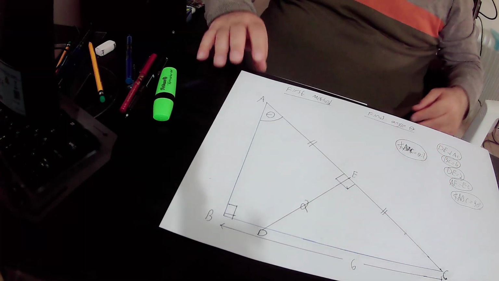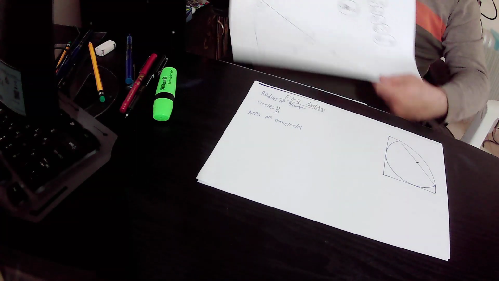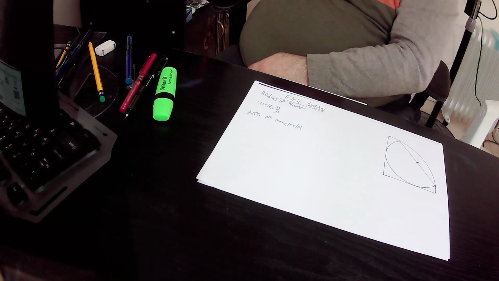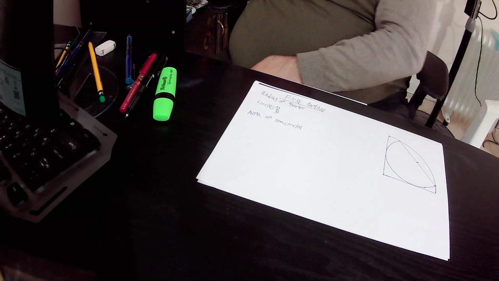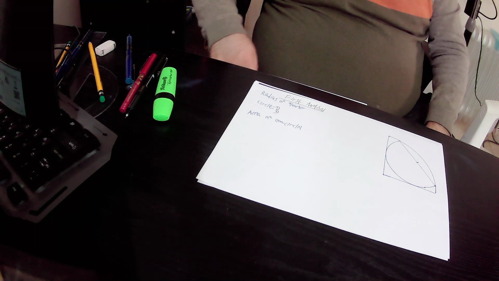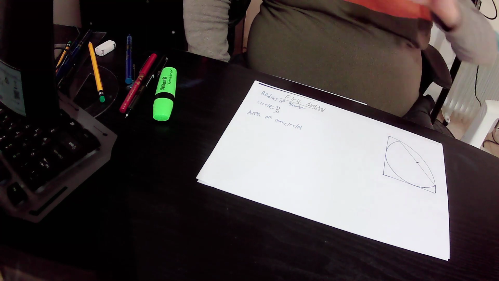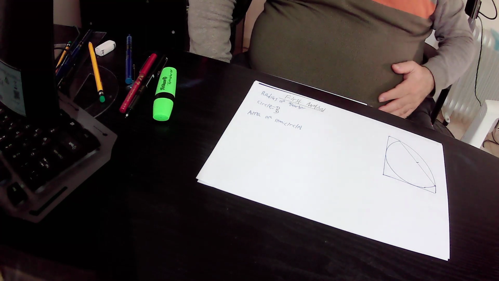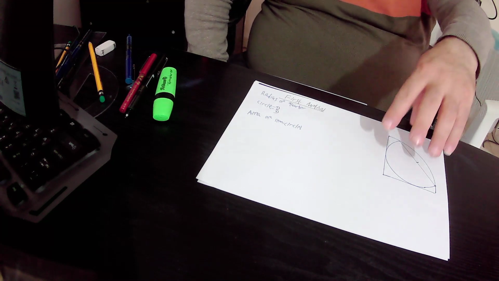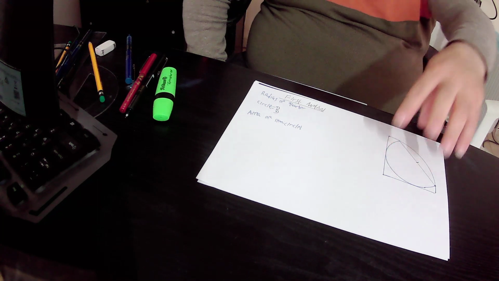So we will start with the first question. In the drawing we have a quarter circle, and inside this quarter circle we have a semicircle that is inscribed by this quarter circle.